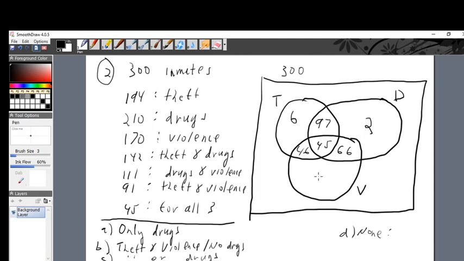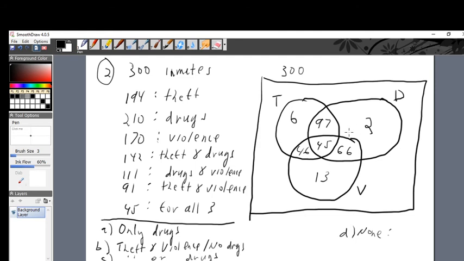And now let's go for the violence. What do we have for violence? 170. So now we got to subtract out from the 170 all these three. 46 and 45 is 91. 91 and 66 is 157, and 97 makes 157. How much is 170 minus 157? 13 for violence alone.